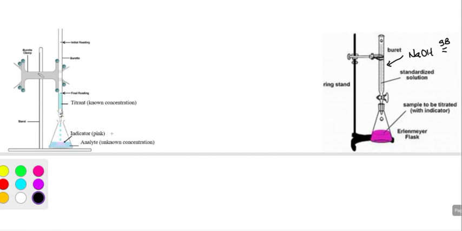And you know that the acetic acid that is in here is a weak acid. So we'll talk about why we used phenolphthalein as an indicator and where the end point of that titration is, what the pH is when we've added equal amounts of acid and base.